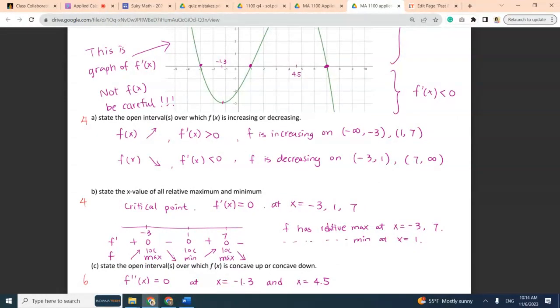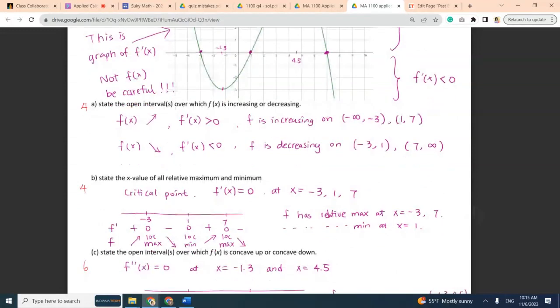Your f prime is positive here, then negative, then positive, and then negative. Then you look at your f: increasing, decreasing, this is a local max. Decreasing, increasing, this is a local min. Increasing, decreasing, this is a local max. So you look at the graph of f prime and you can construct the table.